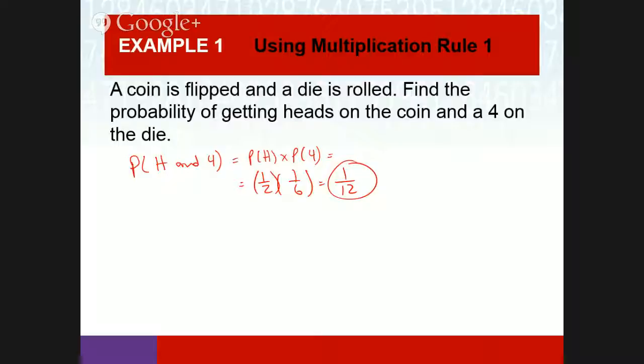Which makes sense because there are 2 outcomes for heads or tails and 6 outcomes for the die. So there are 12 total outcomes. If you were to look at the tree diagram, they're all evenly distributed, and each one has a probability of 1/12. Does that make sense from when we talked about the tree diagram? Here, in the tree diagram, we only care about the branch heads, then a 4.